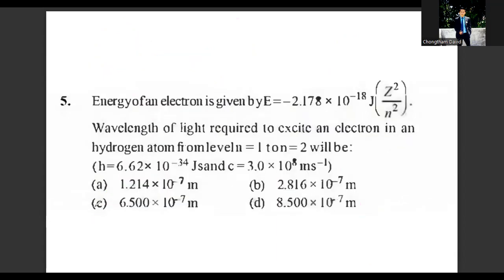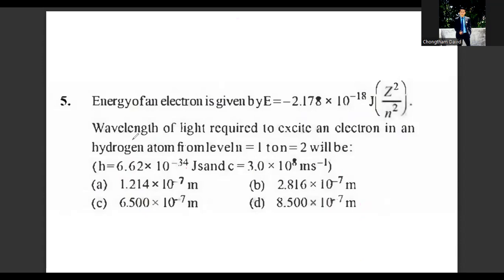Let's read question number 5. Energy of an electron is given by E equals to minus 2.178 into 10 to the power minus 18, according to your Bohr's postulate. And the wavelength of light required to excite an electron in a hydrogen atom from level 1 to level 2 will be.